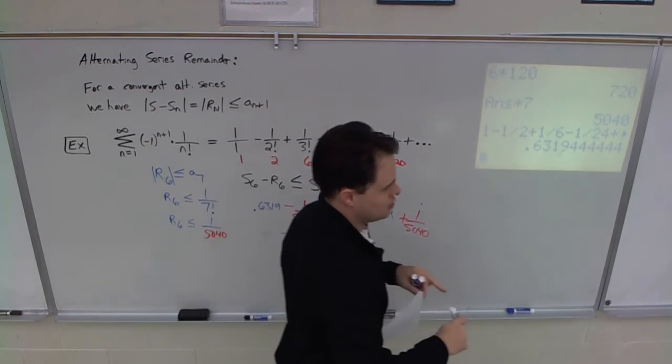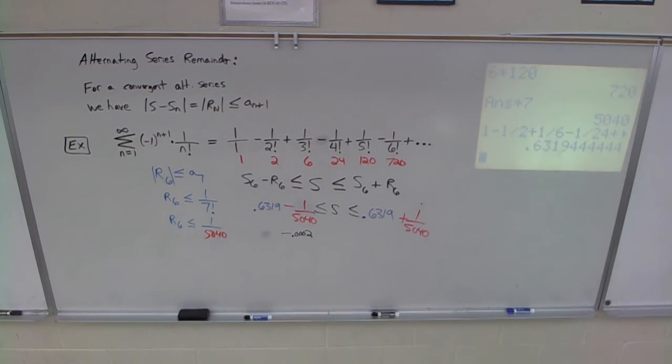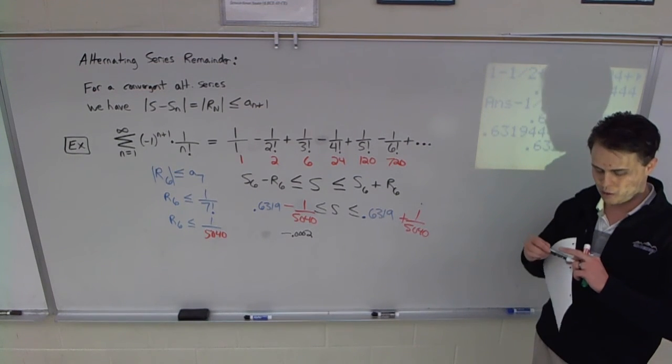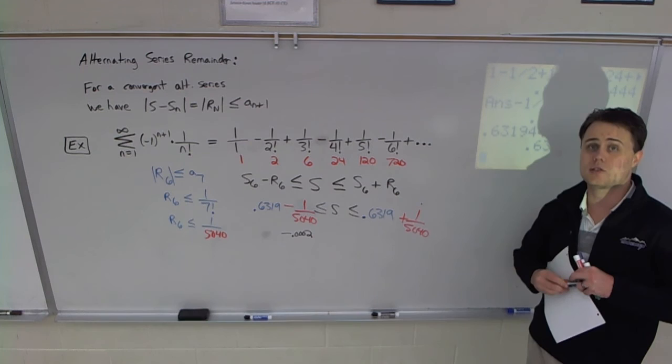I guess we could just stick it in our calculator. So we're going to go that minus 1 divided by 540. There's the lower bound, and we're going to go that plus 1 divided by 540. There's the upper bound. So we've got a really good estimate after using only 6 terms and little computational power for the convergent value of this series.